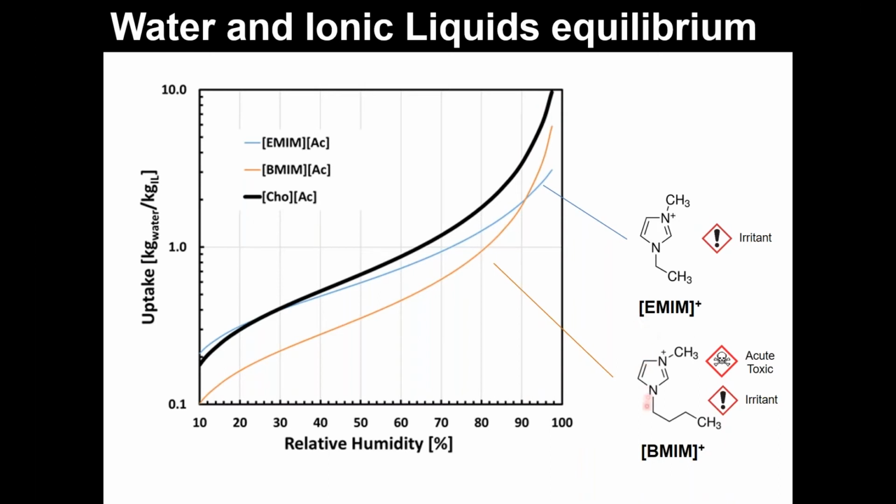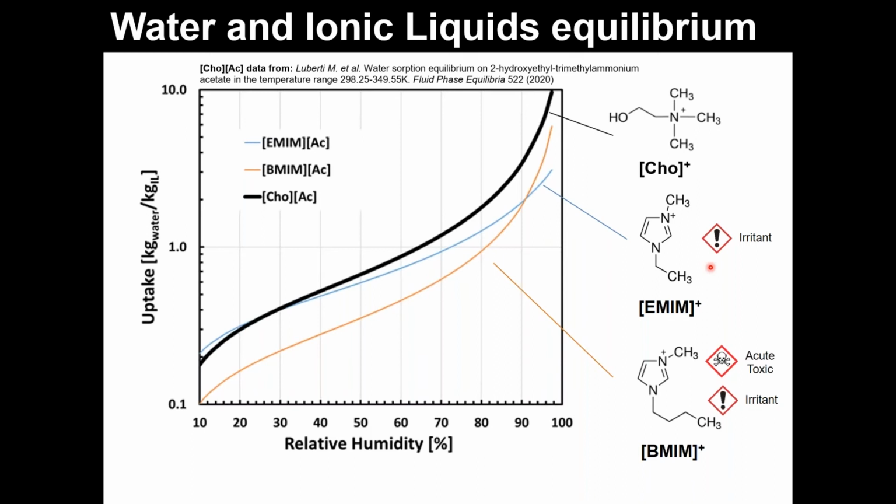Now, I just want to emphasize that BMIM acetate has acute toxicity and is an irritant, while moving to EMIM, it shows only irritation. The third ionic liquid is choline acetate with choline cation. This is still less known than the other two, so all the tests on safety are not ended yet.